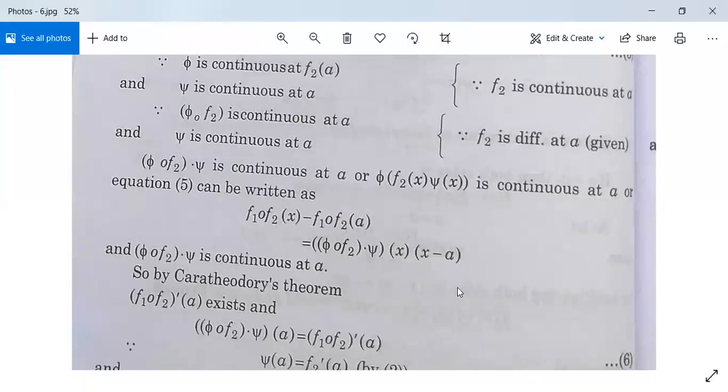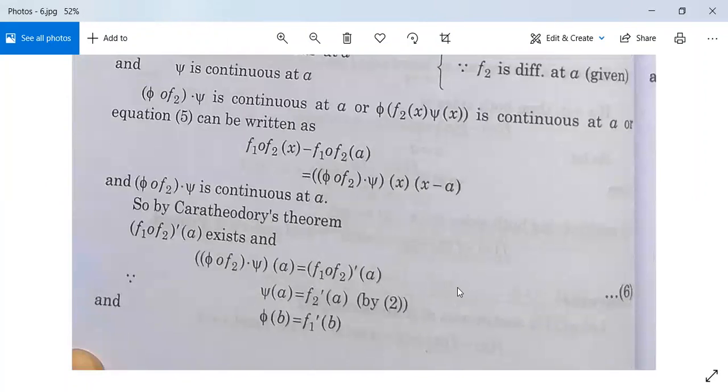So by Caratheodory's theorem, f1 composition f2 dash a exists, and phi composition f2 into psi a is equal to f1 composition f2 dash a. Caratheodory's theorem यहाँ पर लगाएंगे.